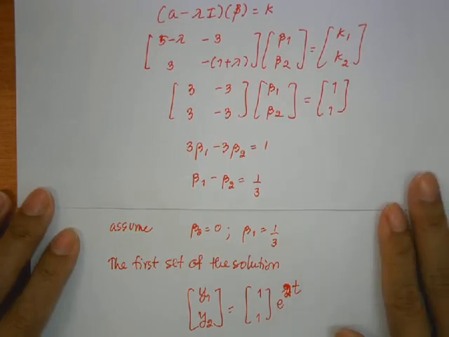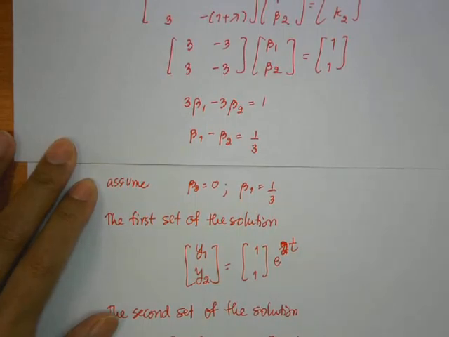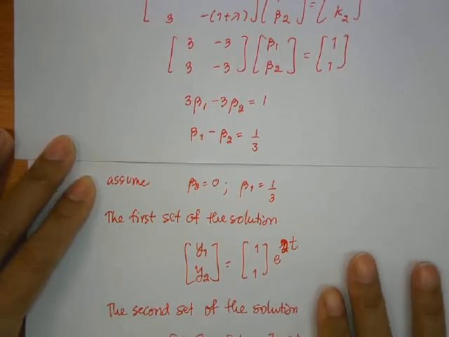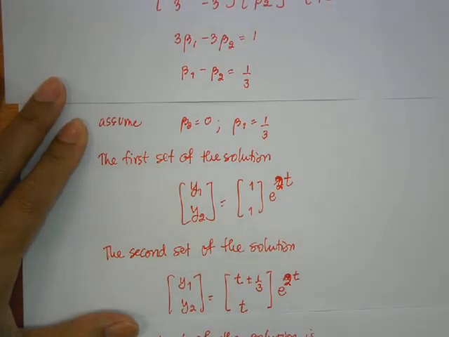Now, for our second solution, we get k t plus beta. We are going to write it down like this. k1 is equal to 1, right?